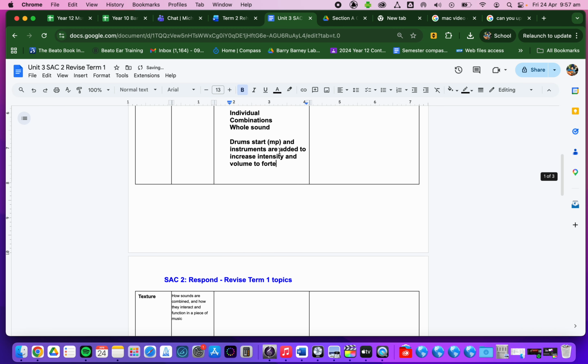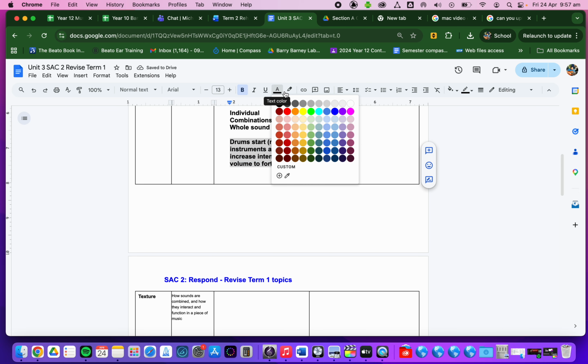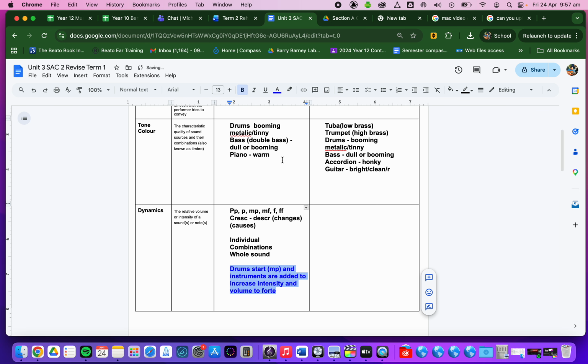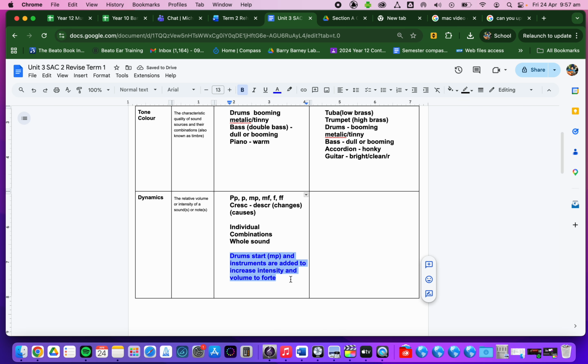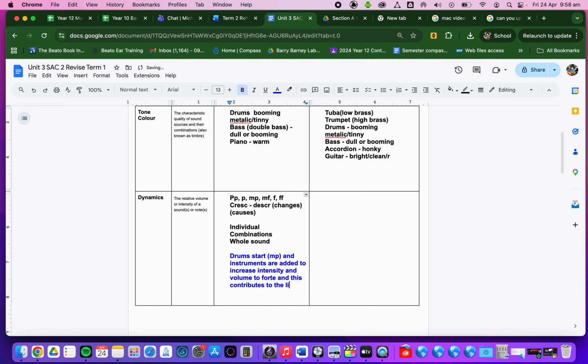For example, that might be an example of one sentence. And if you wanted to add to that, you might say, and this contributes to the lively, laid back and calm expressive outcome.